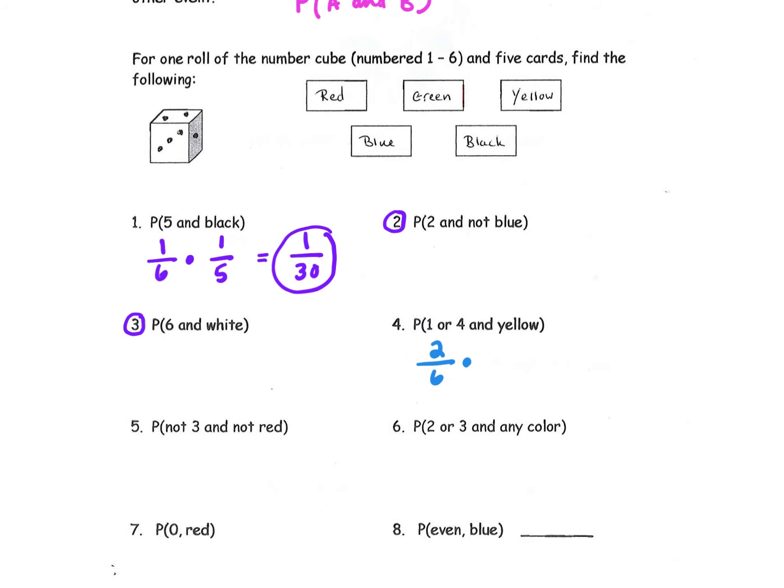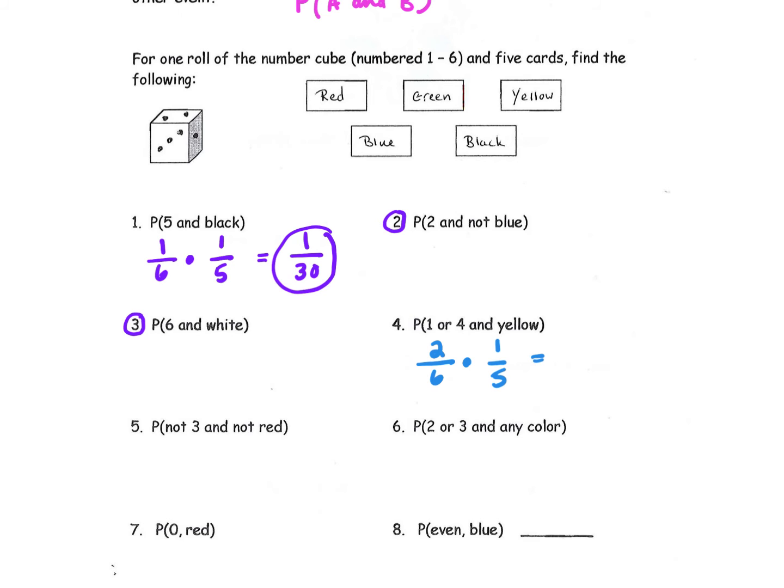And now the next event, choosing a card, says yellow. Well, I see 1 yellow card out of 5. So again, I'm going to write 1 out of 5. So we're going to multiply. Now you could at this point reduce this. If you'd like to reduce it, it would reduce to 1/3 if you divided both by 2. Or you can just multiply straight across.